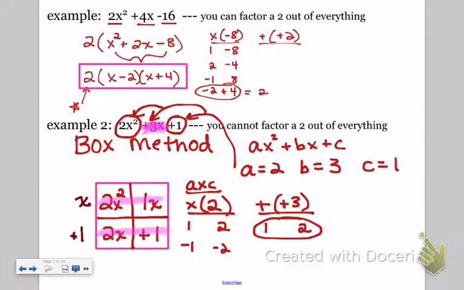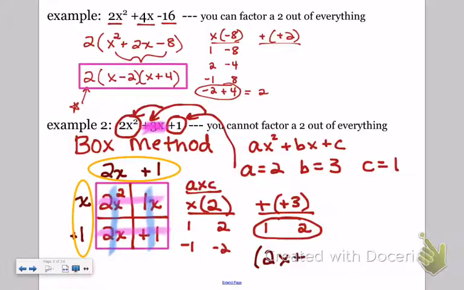If we look vertically, we can see that 2x squared and 2x, we can pull out a 2x. And then vertically on the right side, 1x and 1, I can pull out a positive 1. So what I see on the side and on the top are the two binomials, the factored version. So my solution is 2x plus 1 times x plus 1.